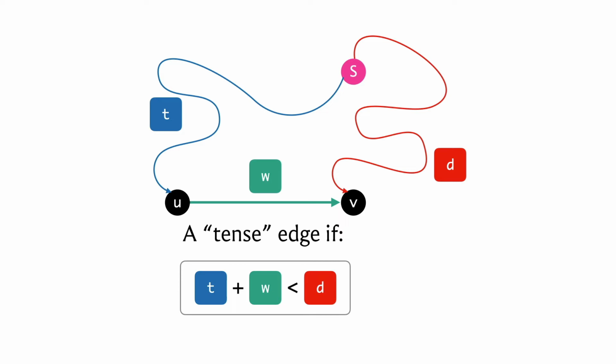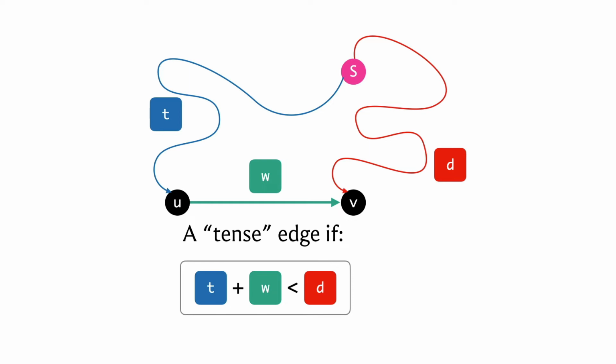And in particular, if you think about what happens in the first step, notice that the distance of s is 0 and everything else is infinity. So think about what you can say about all the edges that are going out of s. Well, as you might guess, all of these edges are going to be tense. Let's consider an edge from s to v with a weight of w.